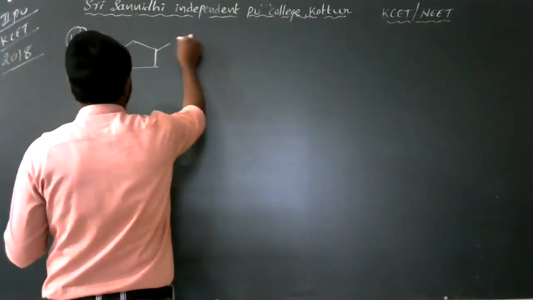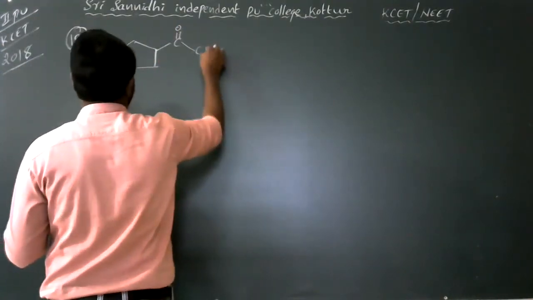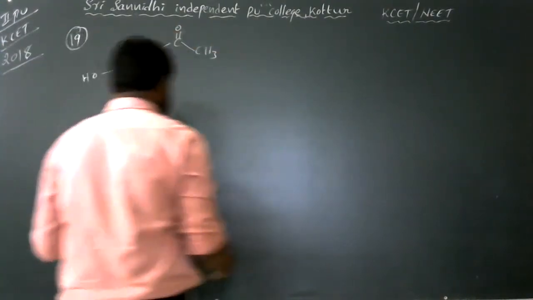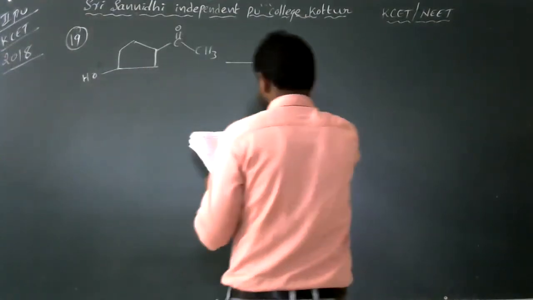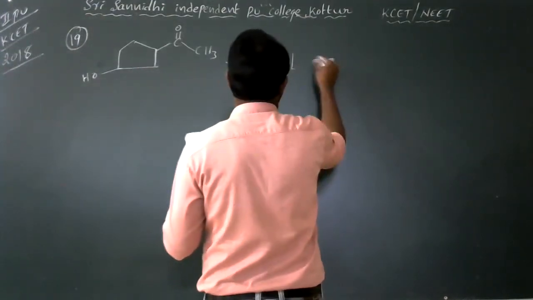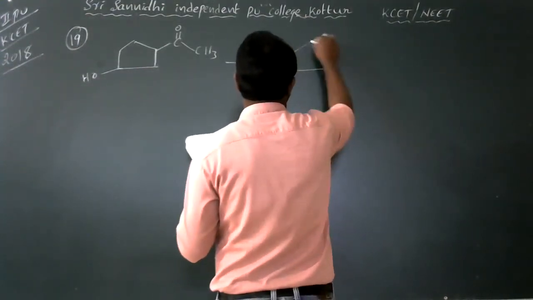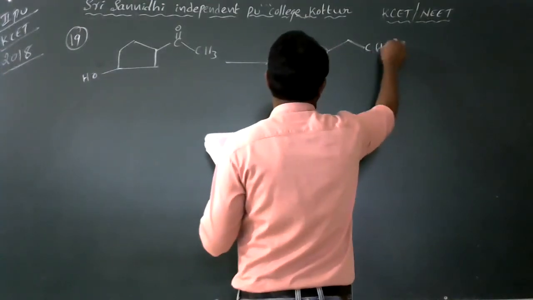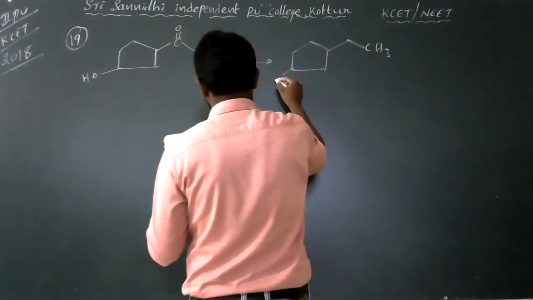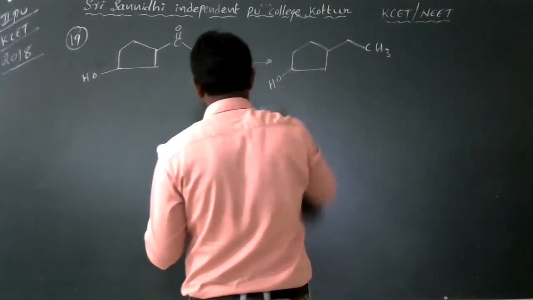Then the C double bond O, which is the ketone group, is given. Next, the product is formed here, which is the product shown.